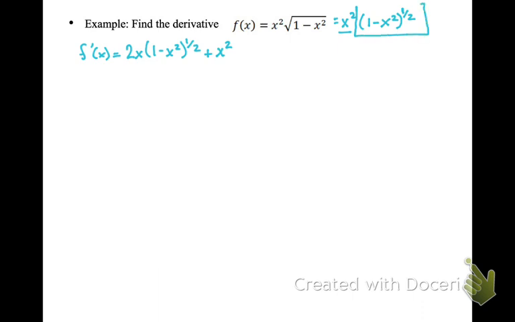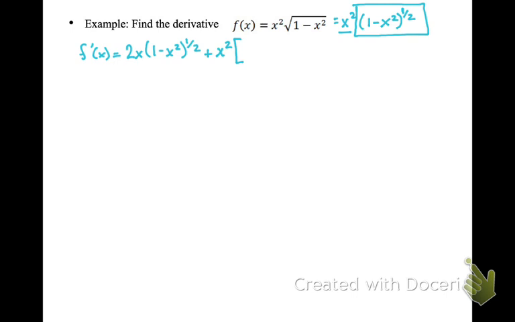And this is where we're going to have to use our chain, because the outside is to the 1/2, correct? And then we have to find the derivative of the inside. So we bring in 1/2 in front. And this is why I put square brackets, to know that I'm doing another derivative rule inside one.